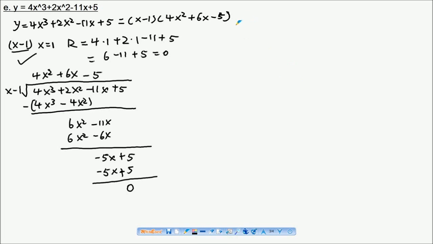So now we have a quadratic equation as one of the factors, and we try to factorize it.